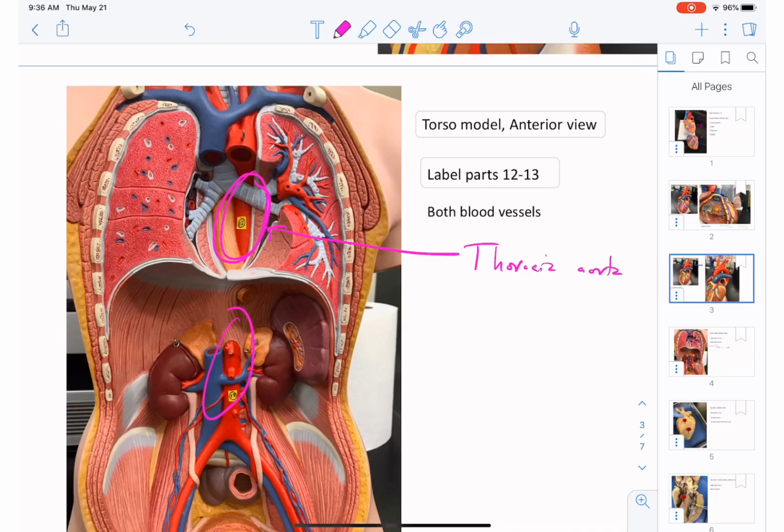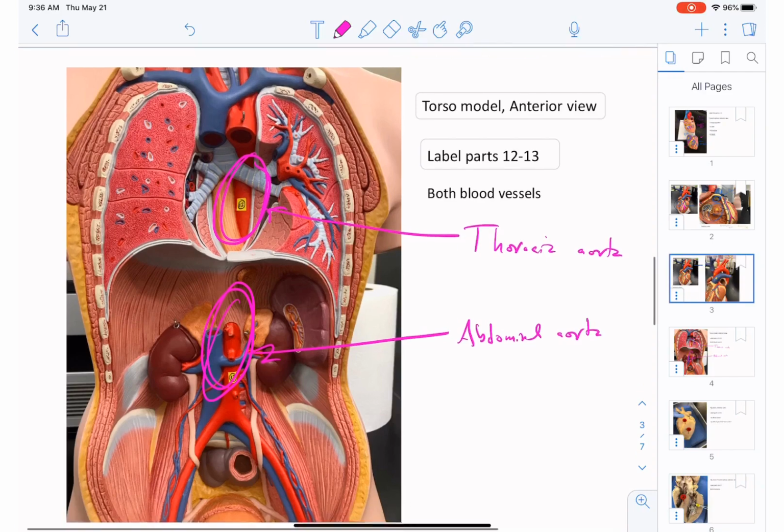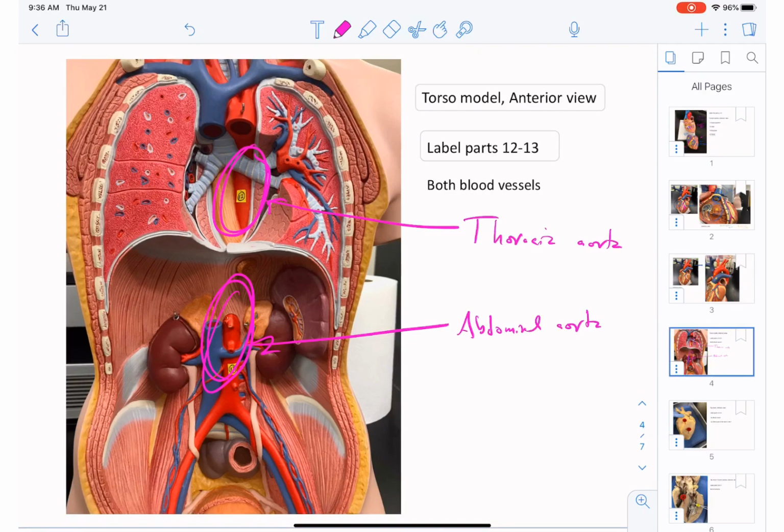And the part of the descending aorta that travels down the abdominal cavity is called the abdominal aorta. And then what happens is down near the pelvis, the abdominal aorta branches, and then you get these arteries. I think these are the common iliac arteries that go down and serve the hip and go down into the legs and serve the legs as well.